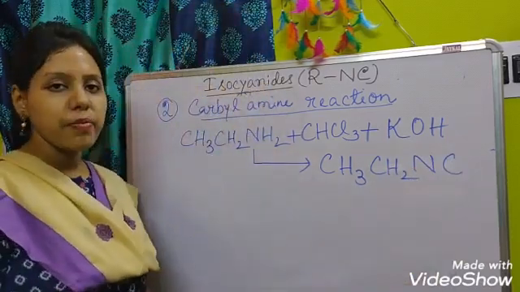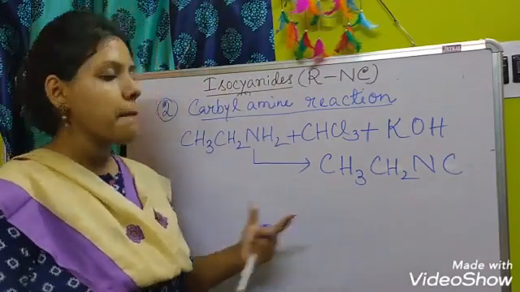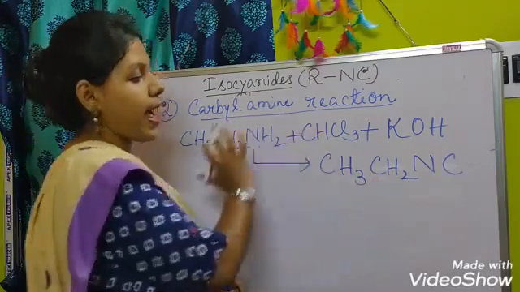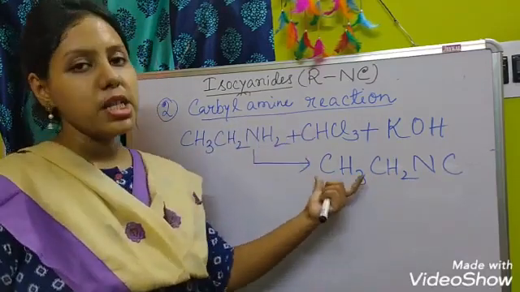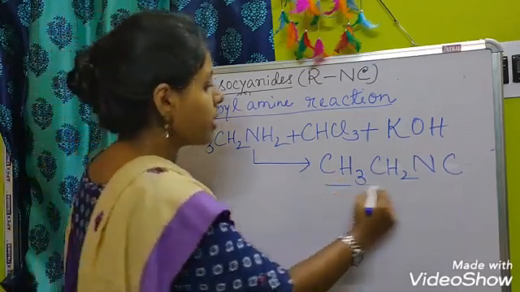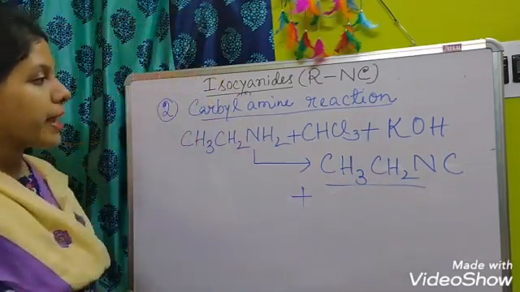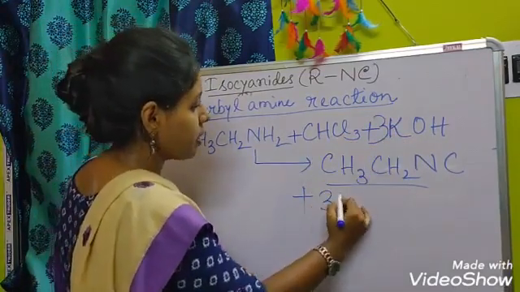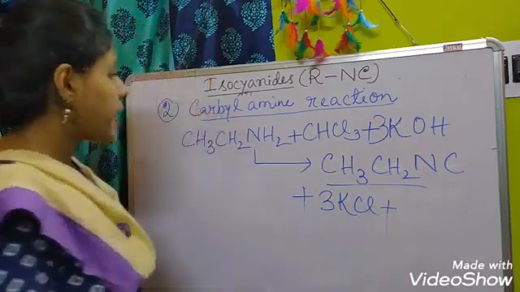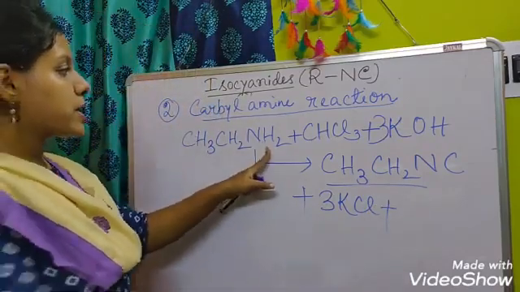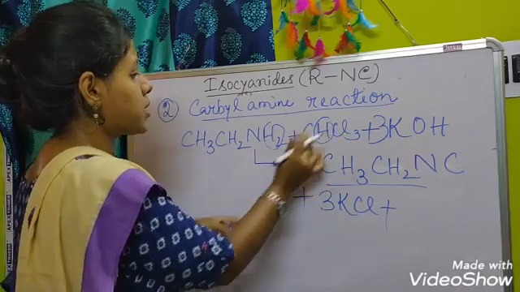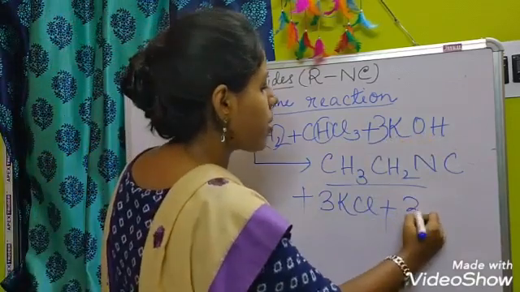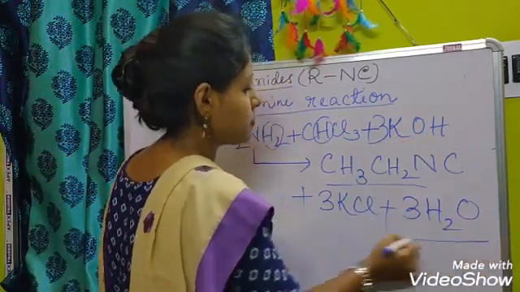Okay, isocyanide. It has a very pungent or very unpleasant smell by which we can identify that isocyanide has been formed. So this one plus the co-products: 3KOH has to be added, so 3KCl, plus here the 3 hydrogens will be added with the 3OH, making 3 molecules of water.